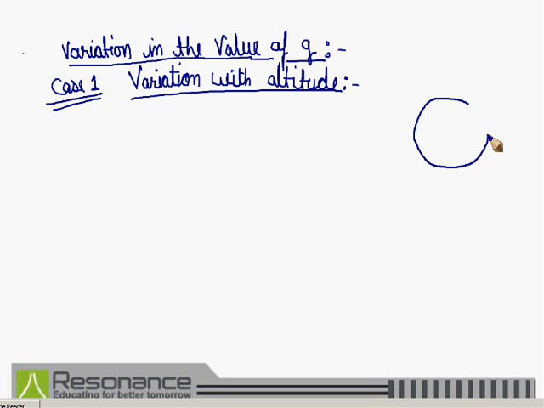Suppose Earth, which we consider as having radius capital R and mass capital M. At a point P on the surface of Earth, the value of g is given by GM upon R square.